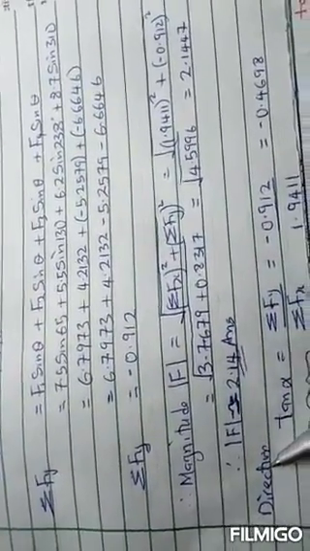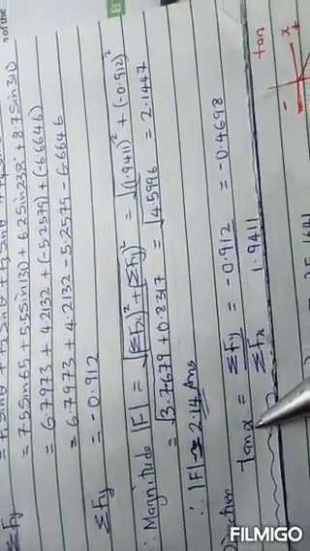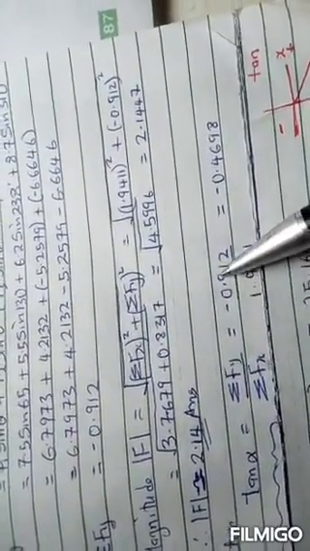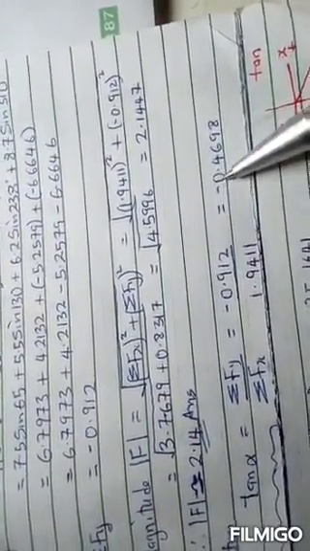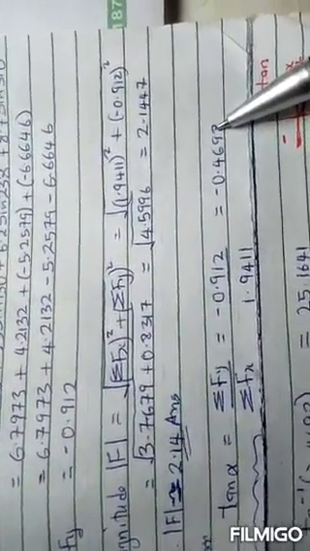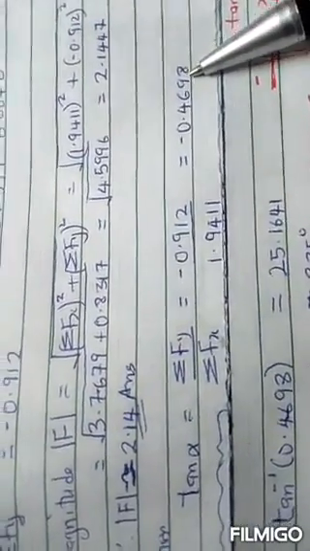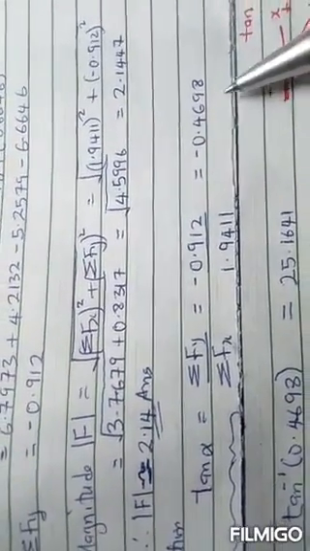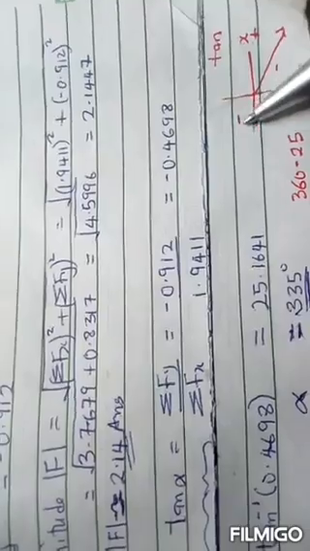So the direction: tan alpha is equal to this. Put their values. I have minus 0.4698. Now this value indicates that tan is negative, so it is going to be in either of two quadrants.